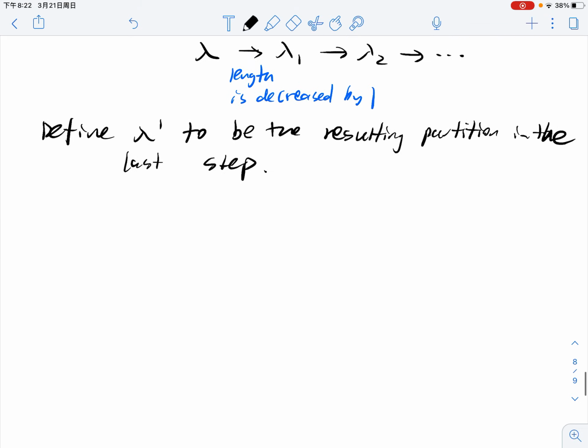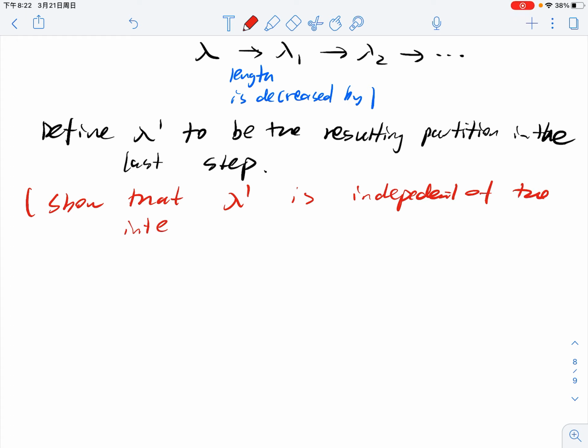Of course, here you have a bigger issue: you need to show that lambda prime is independent of the intermediate steps, because in a partition lambda you might have a lot of pairs of repetition, and each time you can only choose one pair.